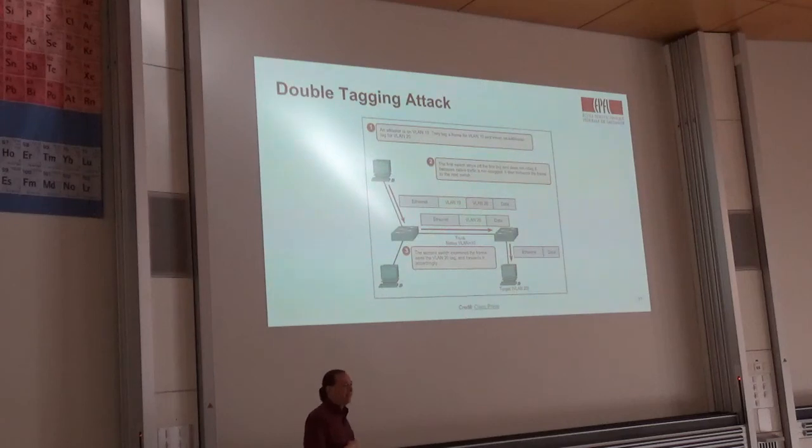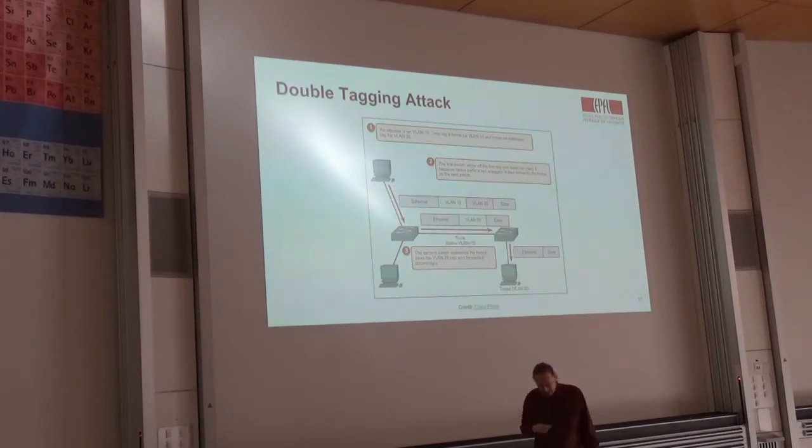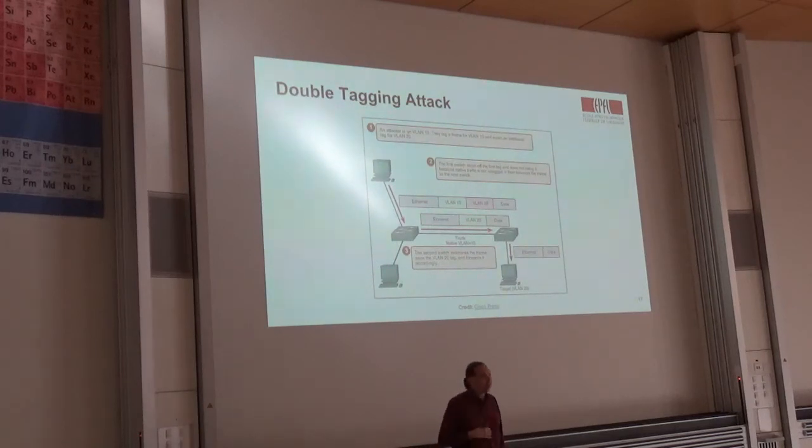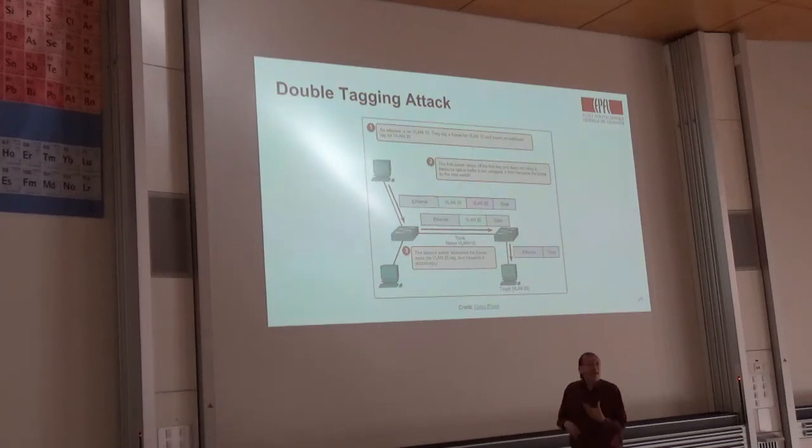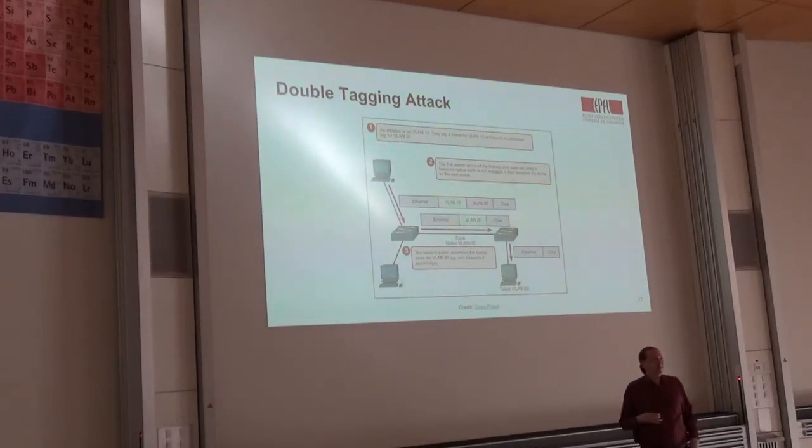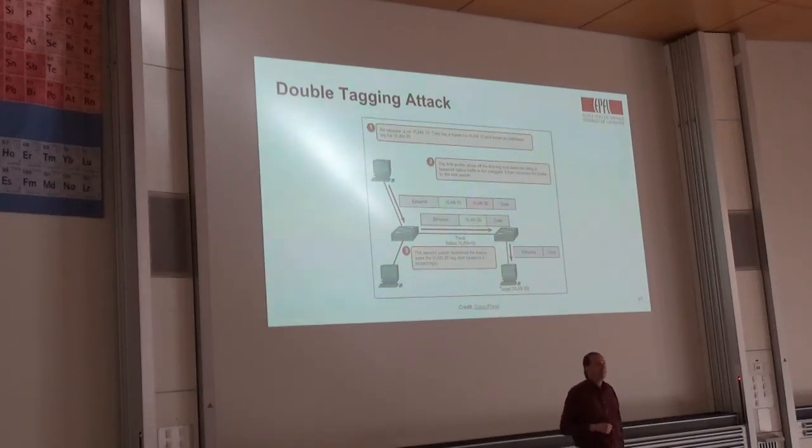To the extent we do have cryptographic authentication, that tends to go in the upper layers, and it often does its job up there, but it doesn't really help us down in the lower layers of the network when we're talking about VLANs and network configuration. We're stuck with this kind of stuff going on.